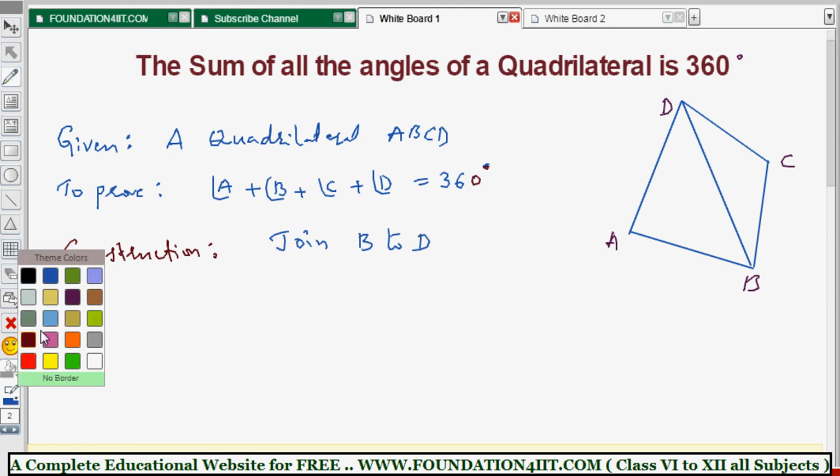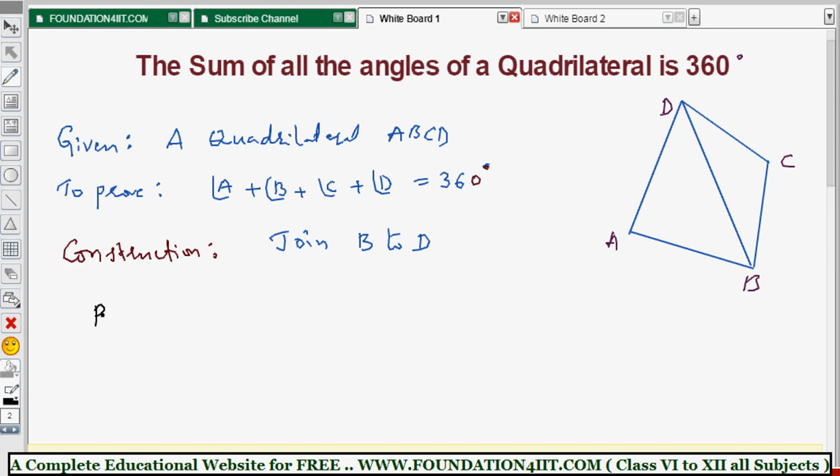Yes, let's see the proof now. You know that the sum of the angles of a triangle is 180 degrees, right? In any triangle, the sum of the angles is 180 degrees.